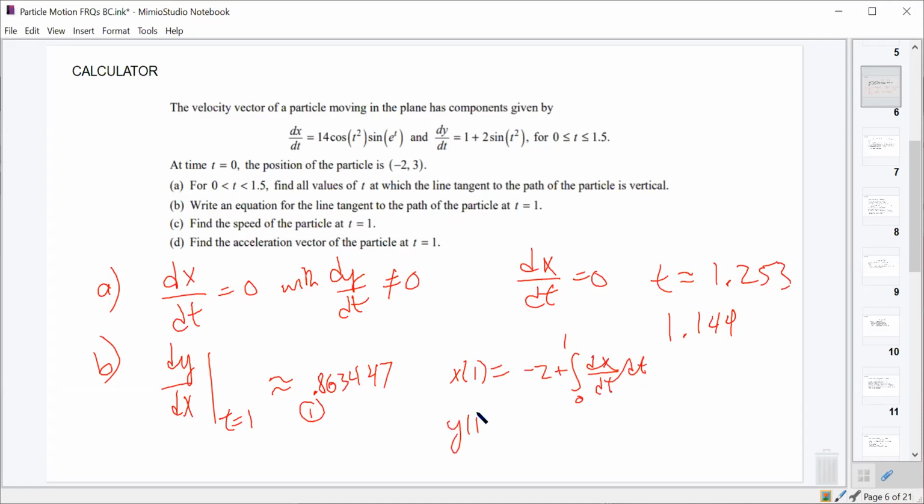And y of 1, our other point, should be 3 plus the integral from 0 to 1 of dy/dt. The x value came out to be 9.3146695, and the y value came out to be 4.620537.